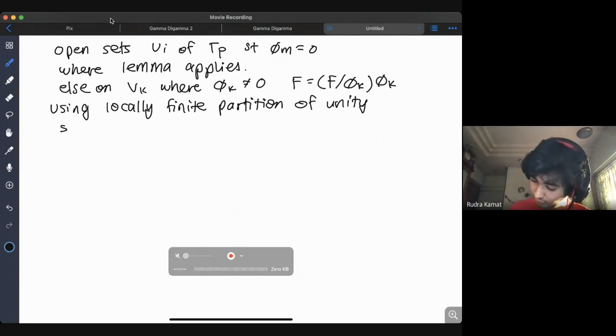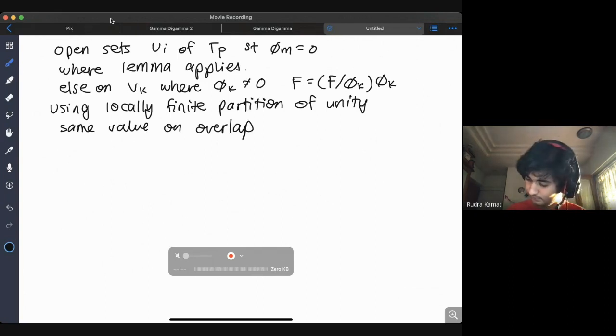So same value on overlap. We can extend entirely to give a theorem.